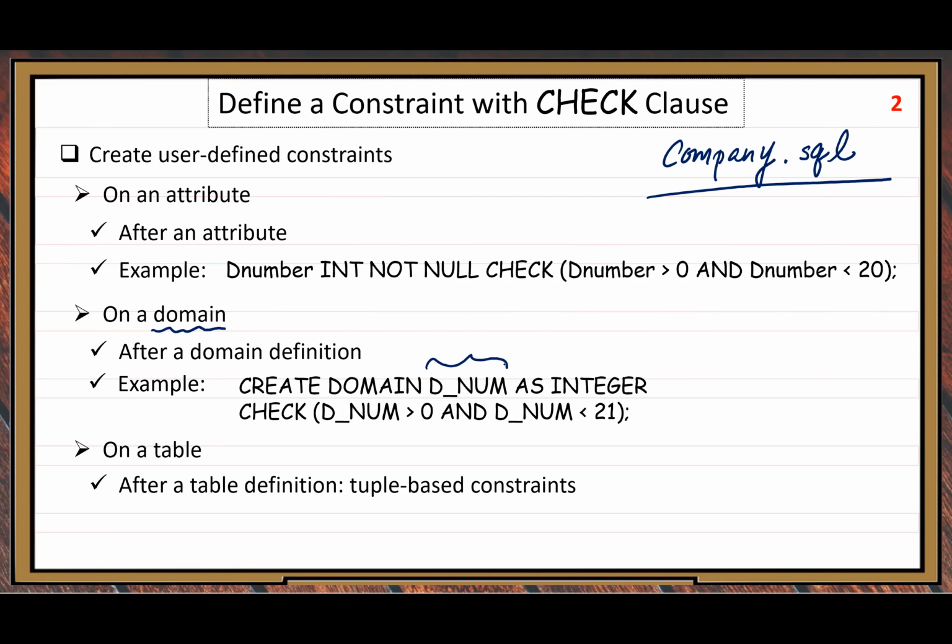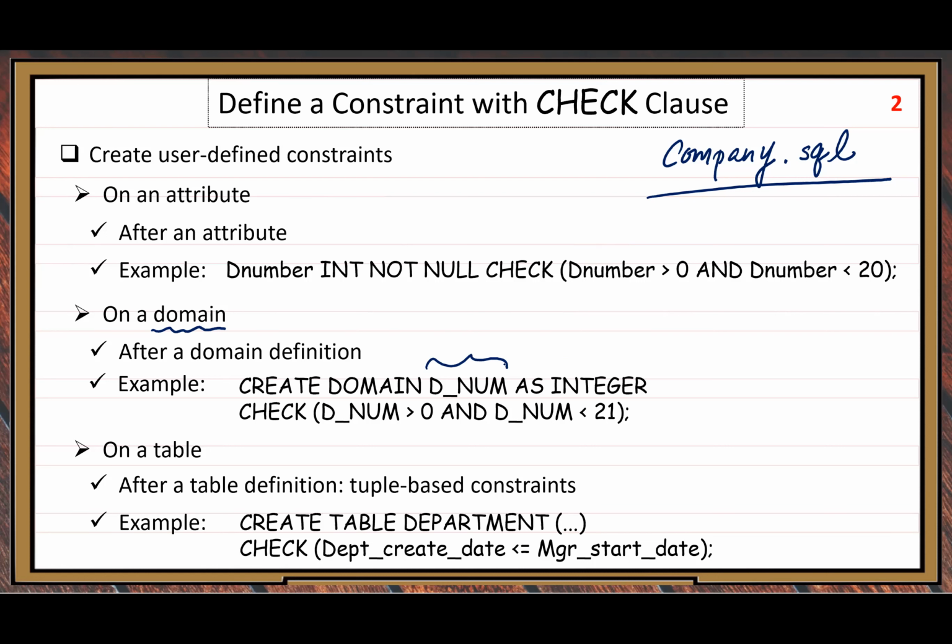The constraint is applied on the whole tuple. All the values for those fields in that tuple, we apply some condition for certain business rules. Look at this example.